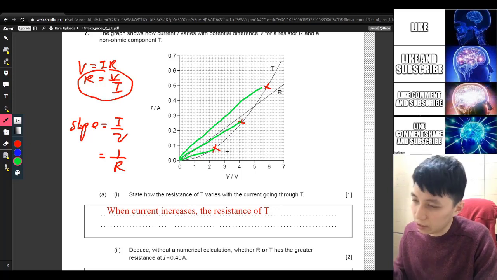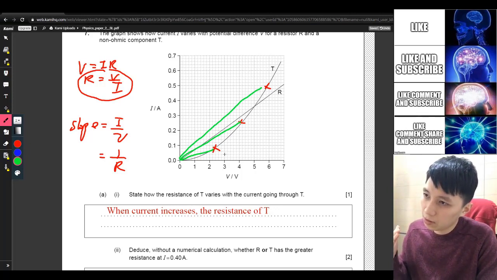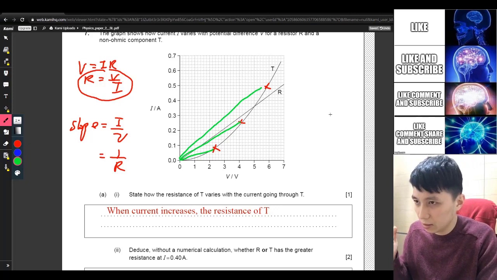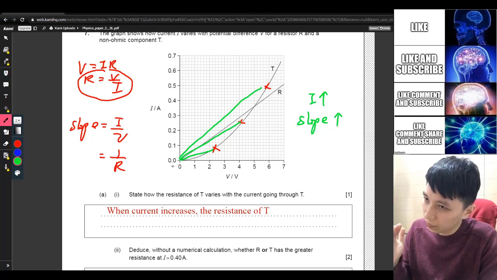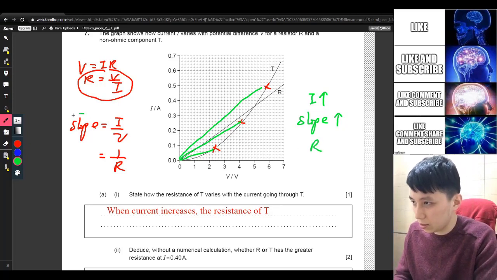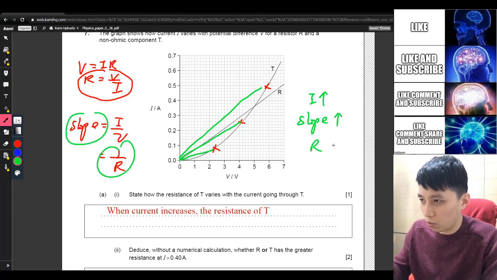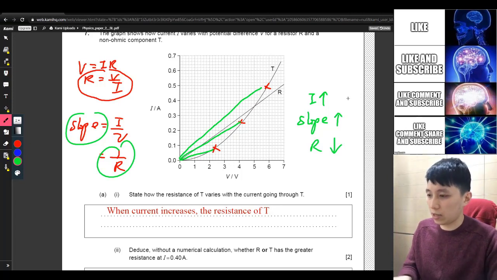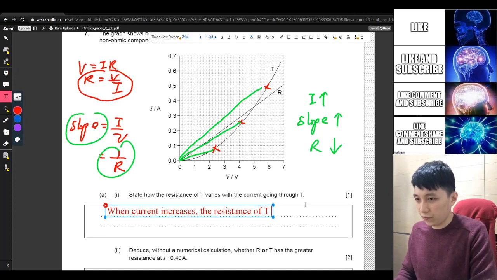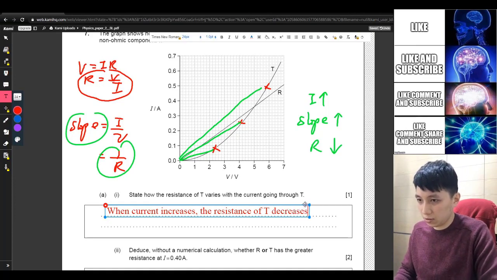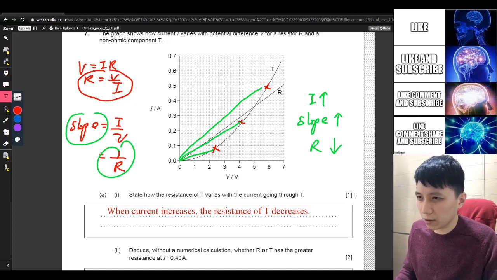So obviously it is getting steeper, so that means the slope increases when I increases, right? When you go higher, yeah, I increases, the slope gets steeper, and that means, because it's inverse, right? That means R would decrease instead. So that is the plan we should go for. So the resistance of T decreases.